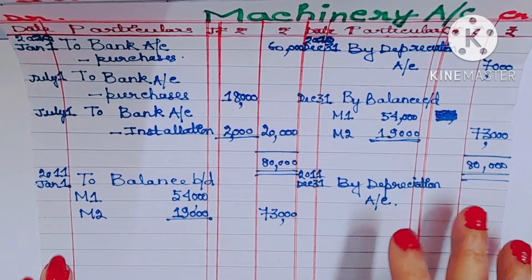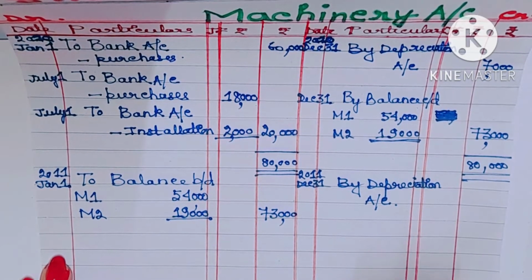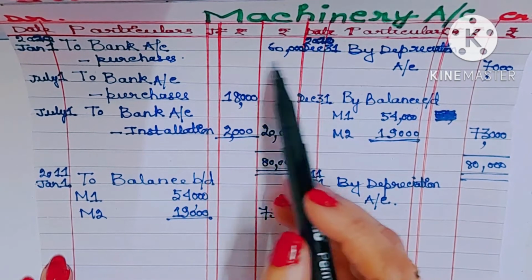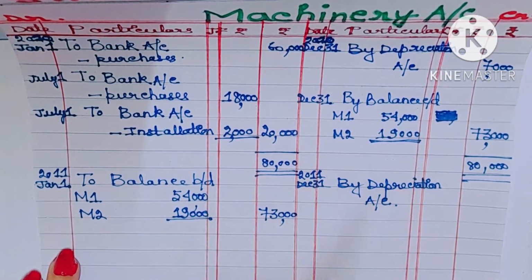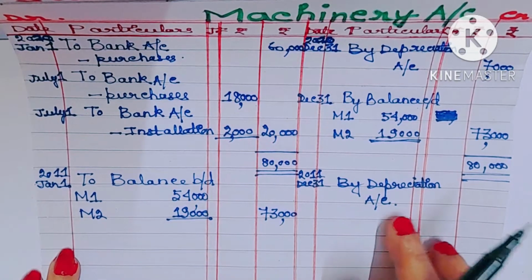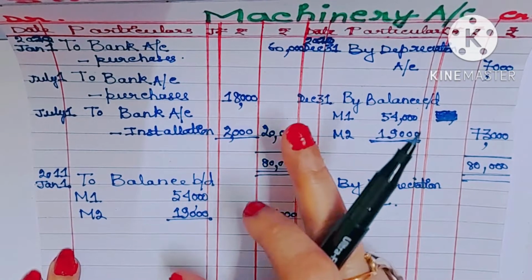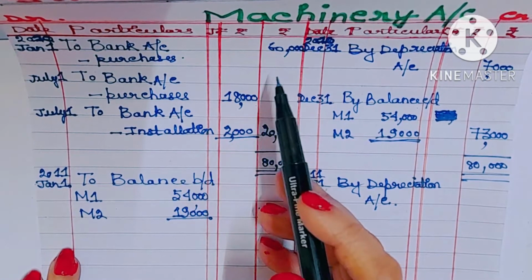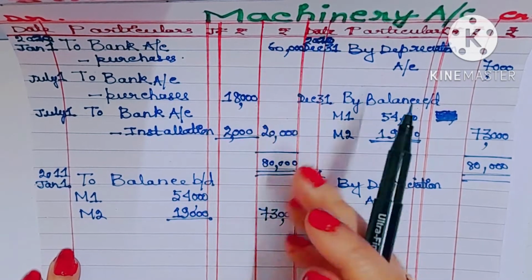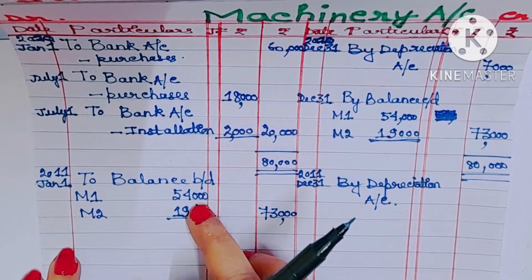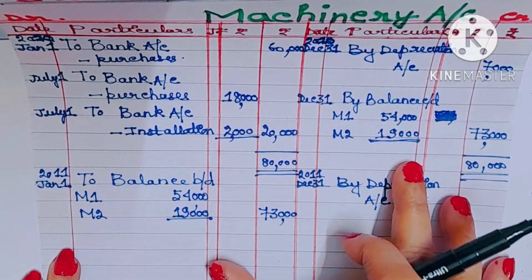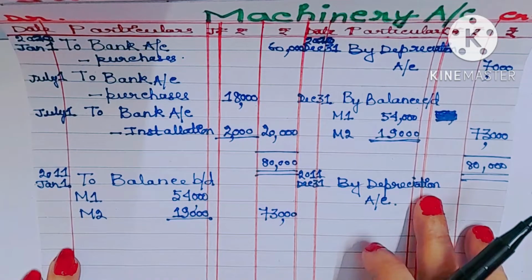So we have to charge 10% per annum on the original cost of the first machinery. That is 60,000, not 54,000. Please charge depreciation at the rate of 10% per annum on the original cost of the first machinery. That is 60,000. So we have to charge 10% on 60,000 and not 54,000 because we are preparing machinery account under straight line method. Understood?